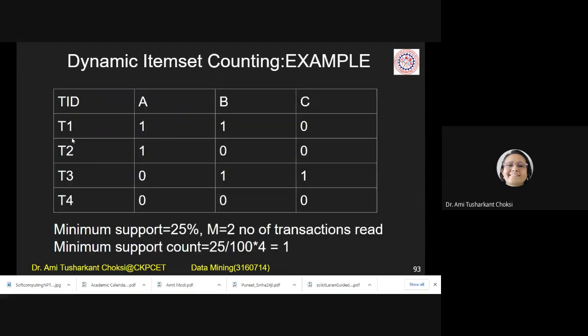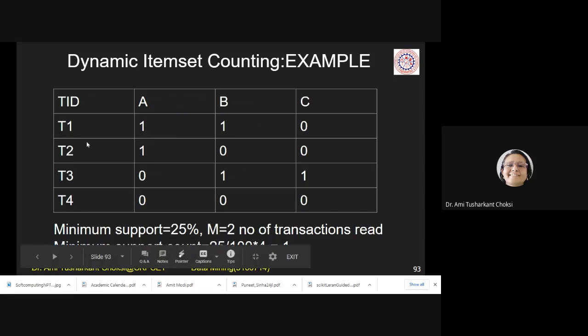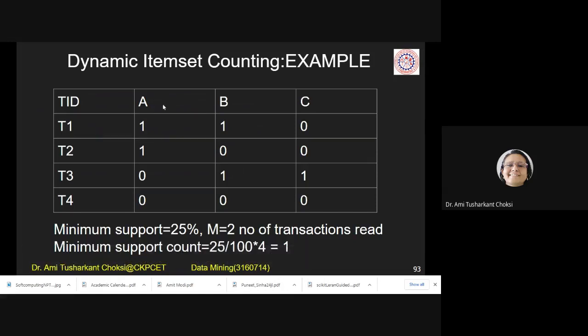The example is given where transactions are given: the TID, that is T1, T2, T3, T4, and the items that are there in each transaction. Here the items are represented as 1 and 0. It is not the count. That count is not there in this transaction table.